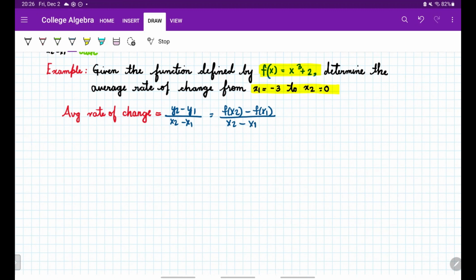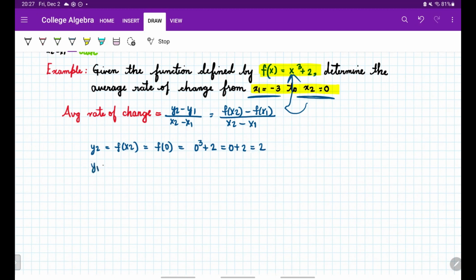We have the numerical values for both x1 and x2, and we can plug both of those into our f and find our y2 and y1. So y2, as I mentioned before, is f of x2. That means it's f of 0. That is 0 cubed plus 2, which is 0 plus 2, which is 2.